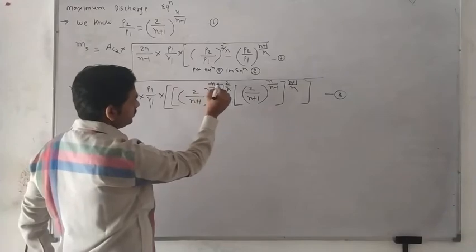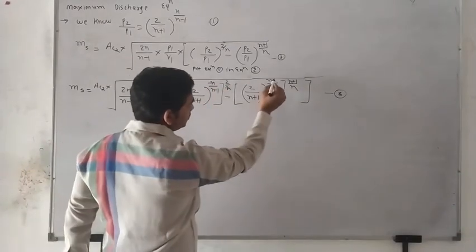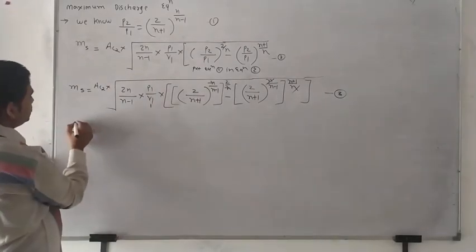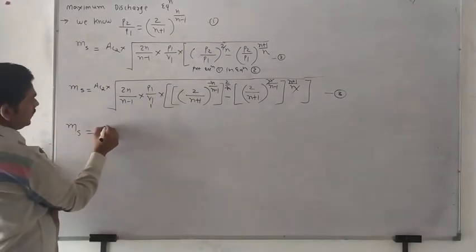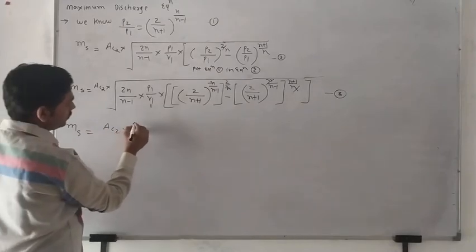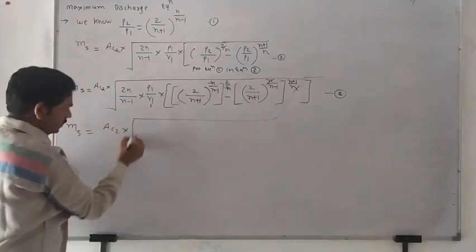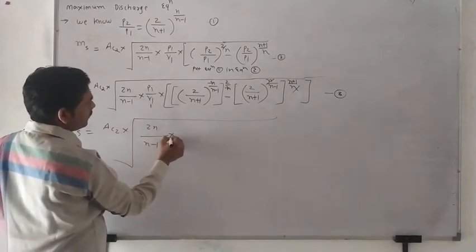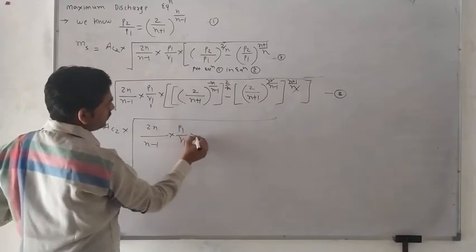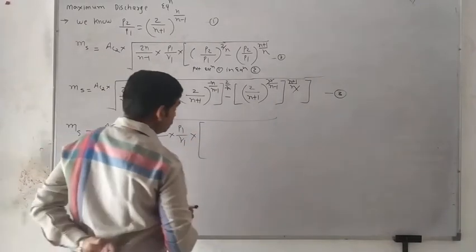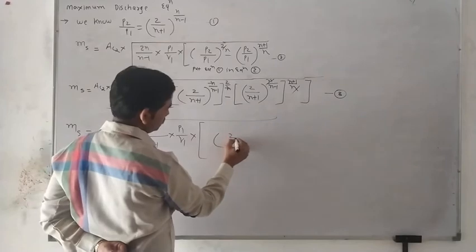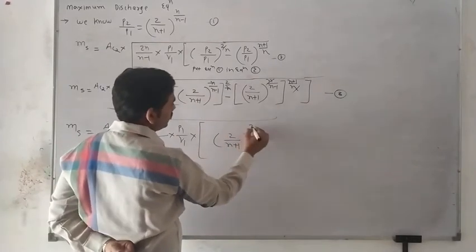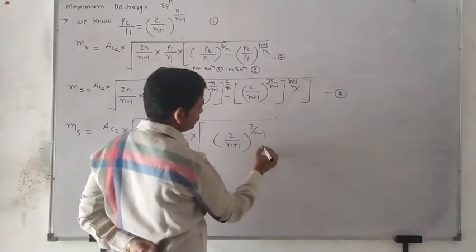This n gets cancelled. This n is also cancelled. So what is remaining? The remaining term is Ms, A C2 into under root 2n upon n minus 1 into P1 V1 into, what is remaining? (2 upon n plus 1) to the power 2 upon n minus 1, correct?